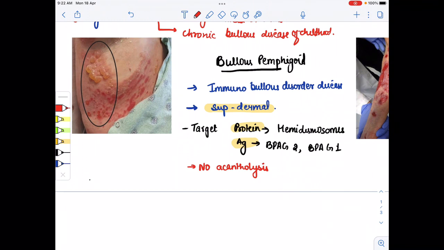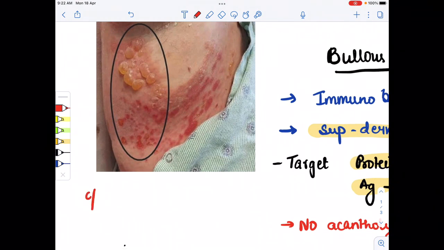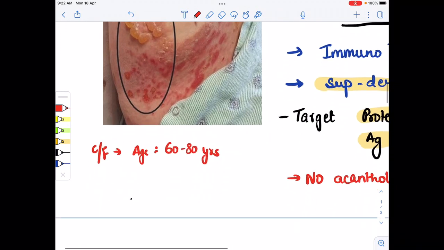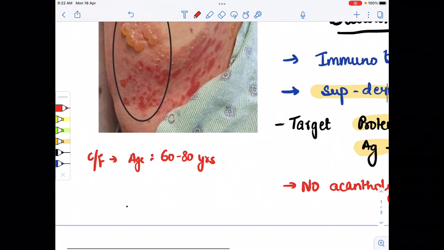And in the clinical features, as we can see in this image, the age involvement is basically 60 to 80 years, and there is redness and maybe inflammation. There is a symptom of pruritus.